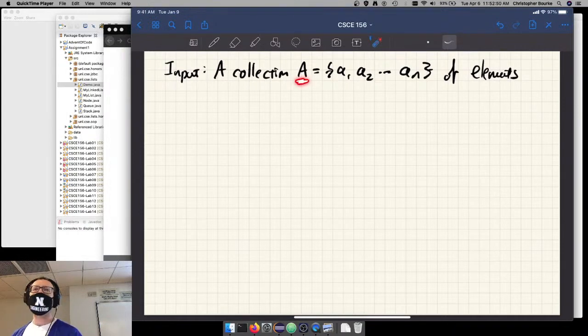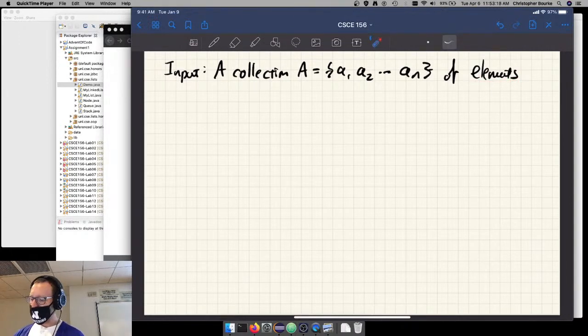I've given the collection a name, A. I've given each individual element a name, A1, A2, A3, dot, dot, dot. And I've also told you the size of the collection. Did I say what each one of these individuals was? That it was an integer, a double, a string, a bank account? No. I kept it general, elements.